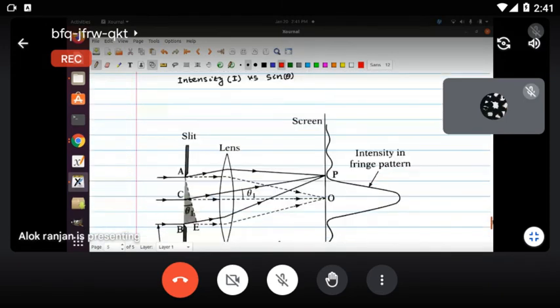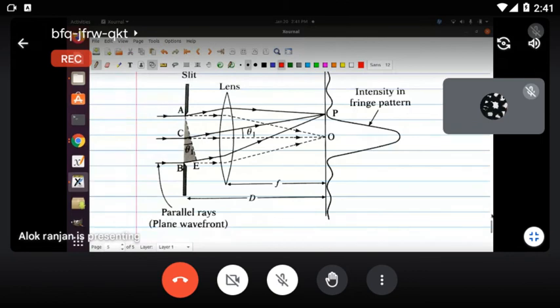So now this is the final diagram which explains how the intensity pattern is distributed. We have the central maximum or principal maximum, which has high intensity, and the intensity decreases as you move away. This is the geometrical shadow region, and the pattern extends into the geometrical shadow region, similarly in this way.